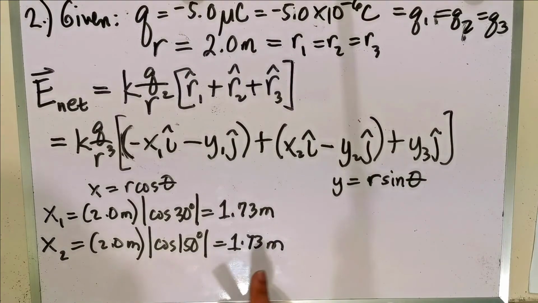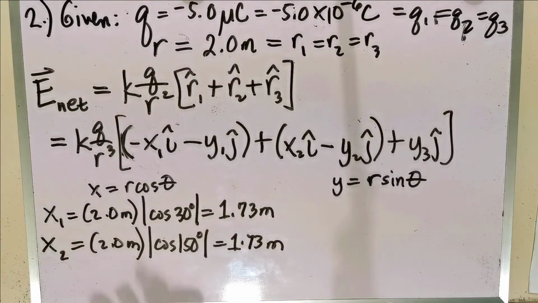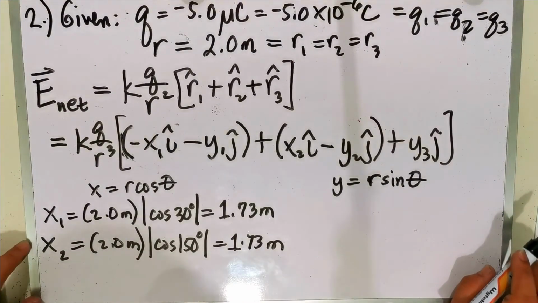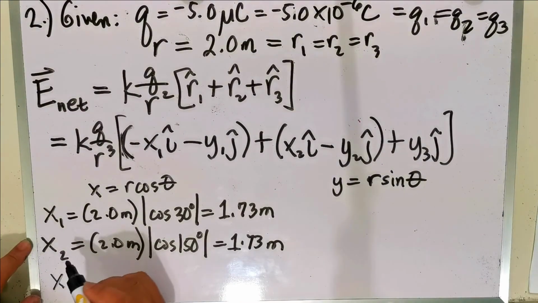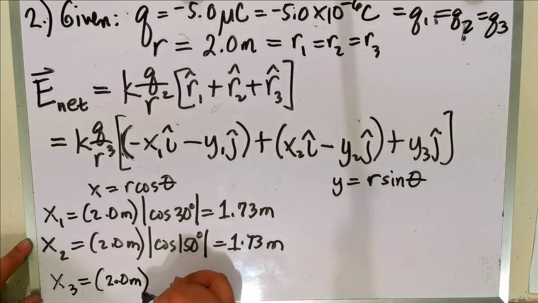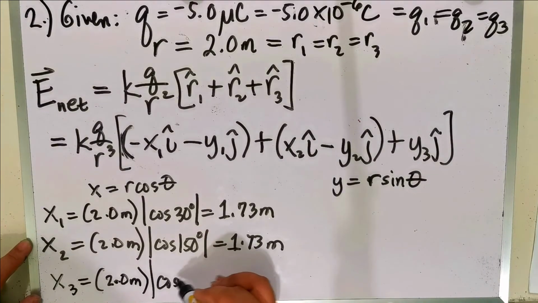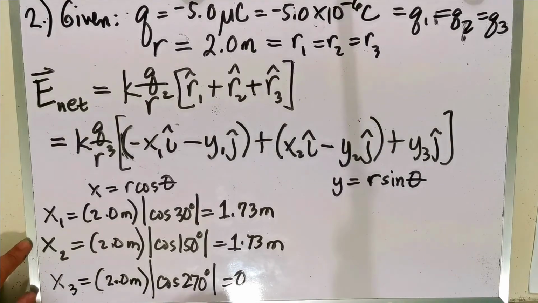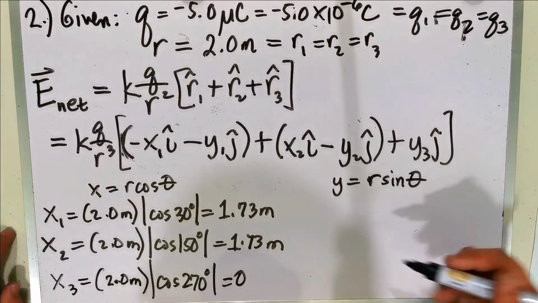So ang magnitude nila sa cosine 30 or ang absolute value sa cosine 30 ug cosine 150 is just the same. And we can also see here that nganong wala tay x sub 3 ganina sa equation is that ang x sub 3 which is equal to 2.0 meter, absolute value of cosine 270 would give you 0. So munang 0, wala tay x sub 3 nga component dara.